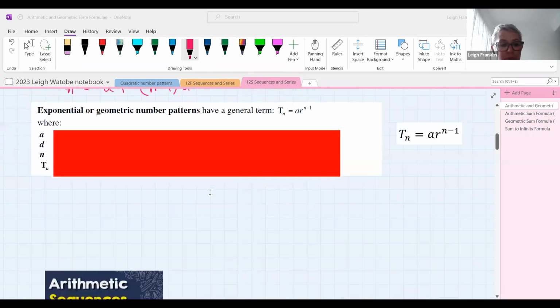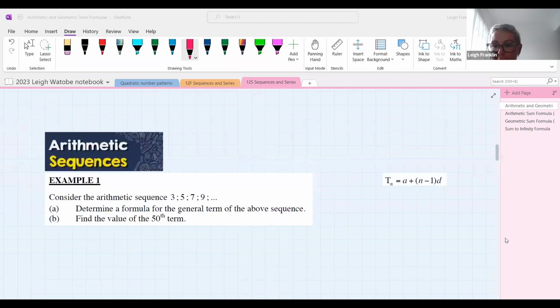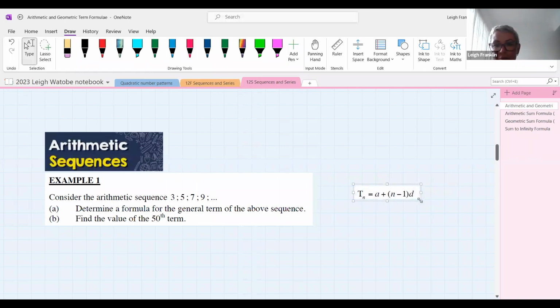Let's talk very quickly about determining the nth term for a particular arithmetic sequence. Let's pretend that we have the pattern 3, 5, 7, and 9. I want to see whether you can determine the nth term of this particular sequence.